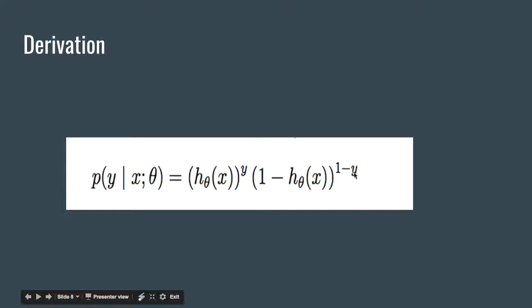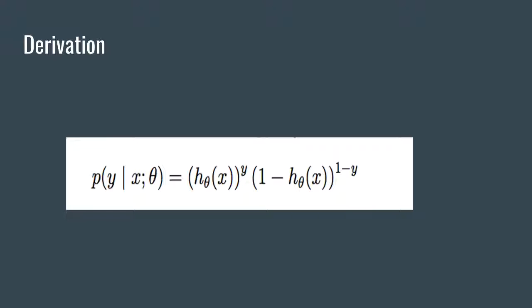Anything to the 0th power is 1, so we're just left with h theta of x. And we defined our sigmoid function such that this is, by definition, the probability that y is 1.